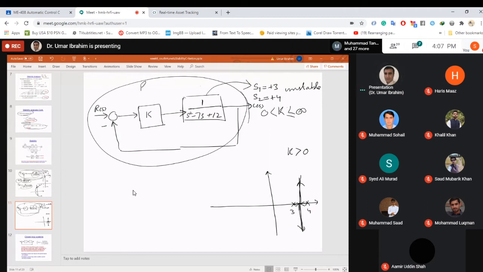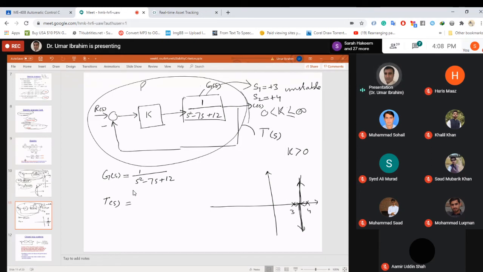Now, g of s for this system is 1 over s squared minus 7s plus 12, and t of s is the transfer function of the whole system, not the plant.